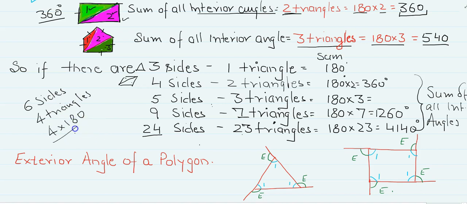So if there are n sides, the sum of all interior angles will be n minus 2 multiplied by 180. This is a very important formula, sometimes to find the number of sides and sometimes to find the sum of all interior angles of a polygon.